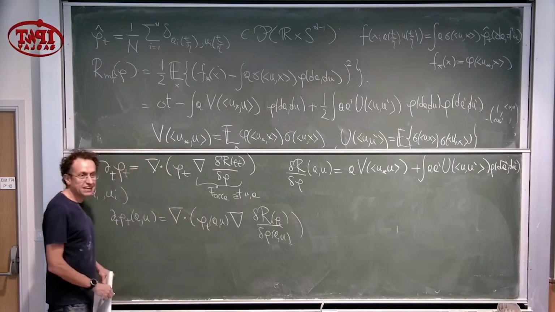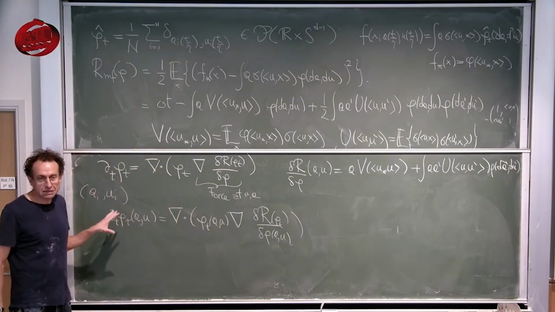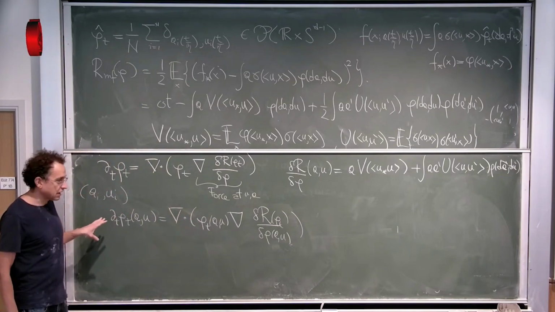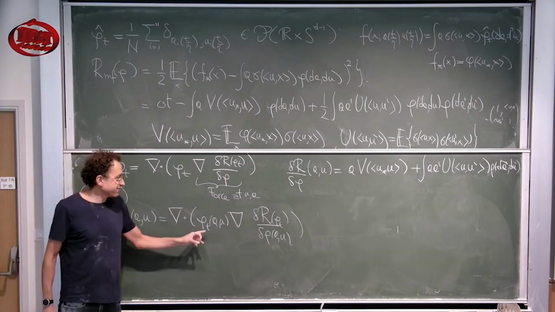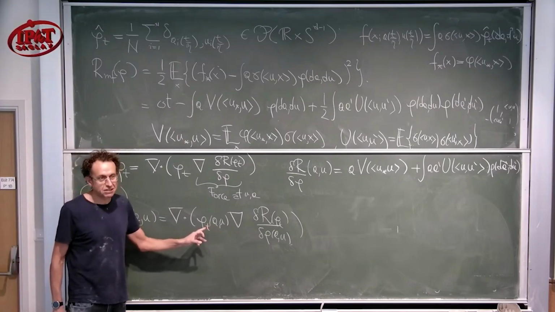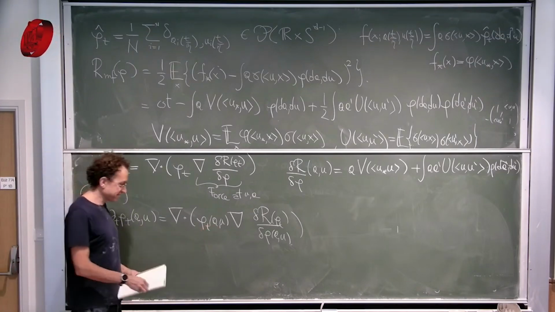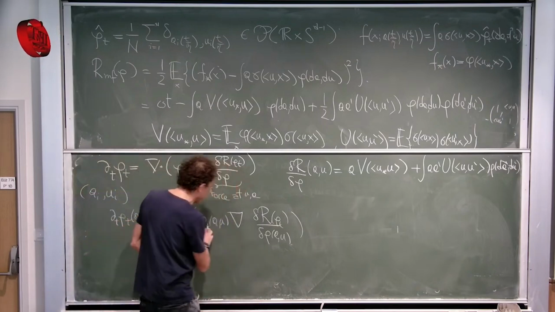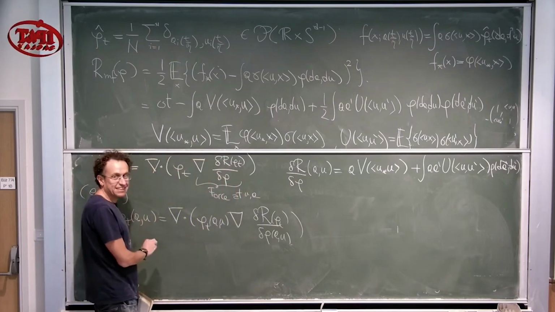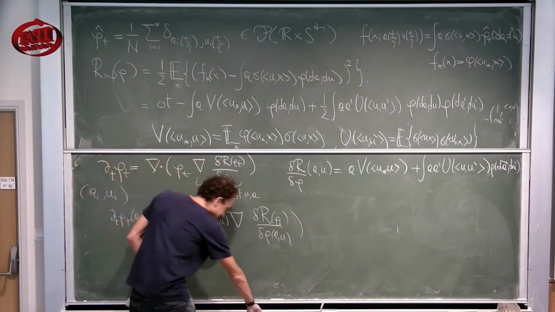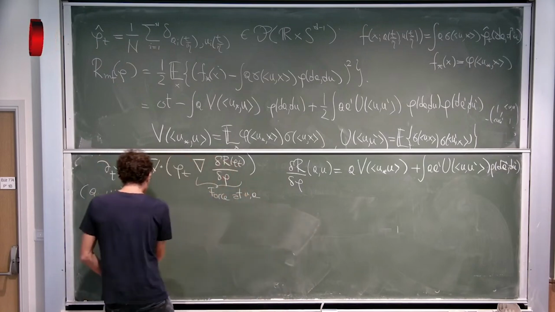Now, I don't write the argument because part of me is a mathematician. I feel really nervous about arguments of probability measures because you cannot evaluate a probability measure at a point. You can even less take gradients of probability measures. So let me erase it.